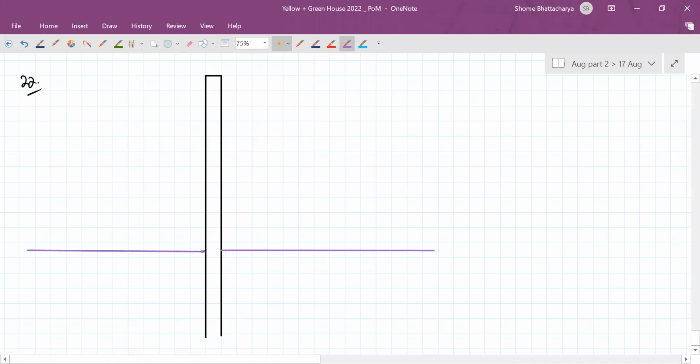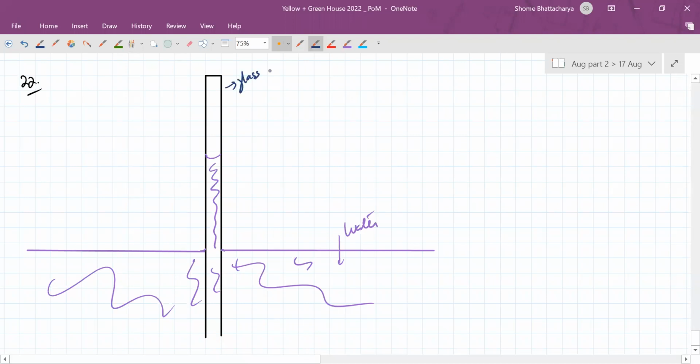So here also the water will slightly curve at the point of contact. Anyhow, let's assume this is our capillary action. Water, this is a glass capillary. The radius of the glass capillary is given to us to be 0.5 mm.